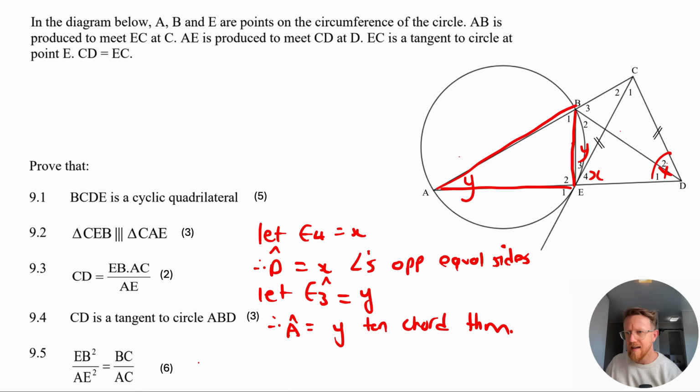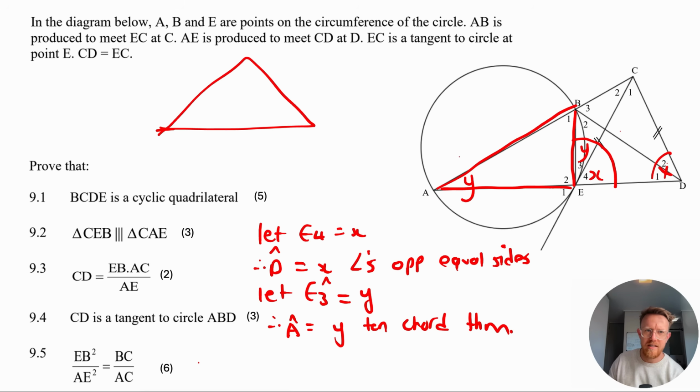The next thing I immediately see is that we've got a triangle here, and we've got the exterior angle of that triangle. It's y and x. Can you see it's the y plus x? So when you have a triangle and an exterior angle, let's say, for example, this is 30 and this is 70, then this one is automatically 100, because the exterior angle is always the sum of the 2 opposite interior angles.